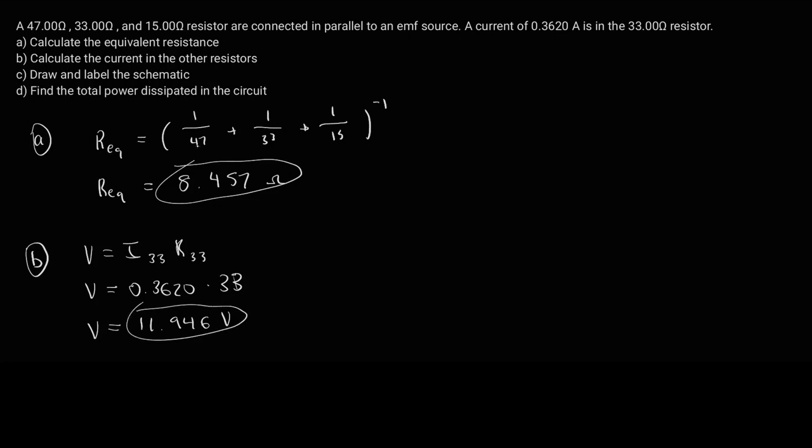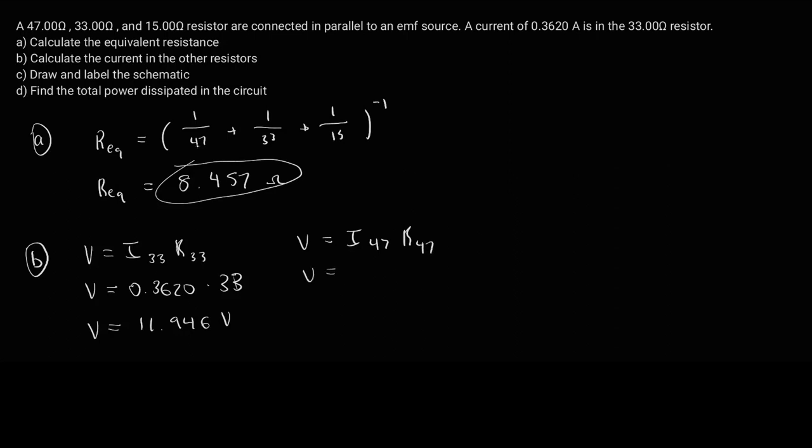And keep in mind, in a parallel circuit, the voltage stays constant. So we can use this voltage everywhere to find the current in the other resistors. Let's do the 47 ohm resistor.